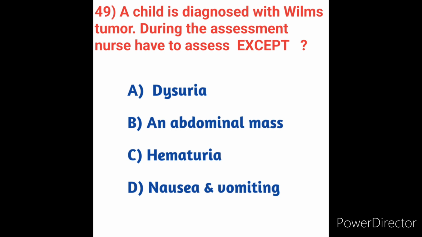The most common sign of Wilms tumor is a painless and palpable abdominal mass, sometimes accompanied by an increase in abdominal girth. Here the nurse has to assess the abdominal mass.